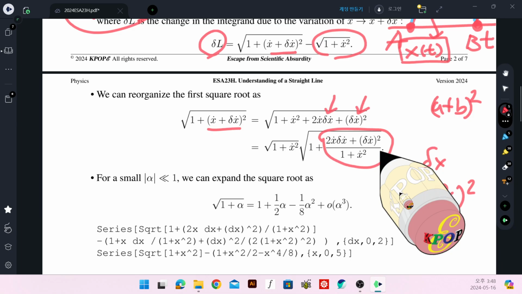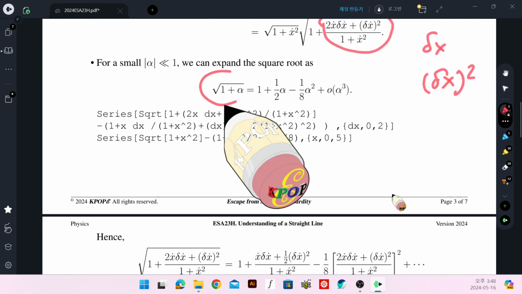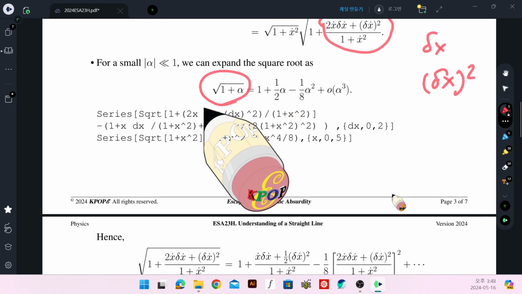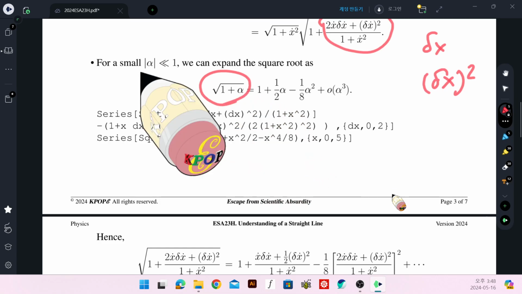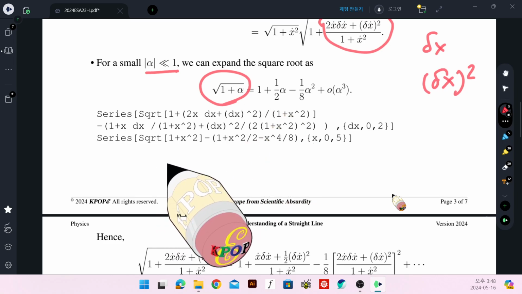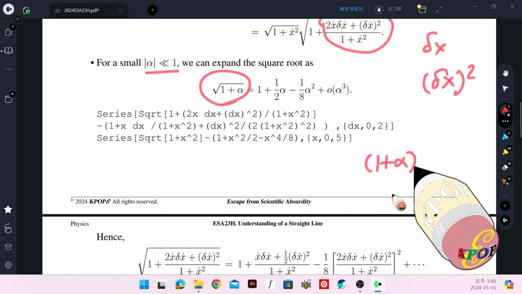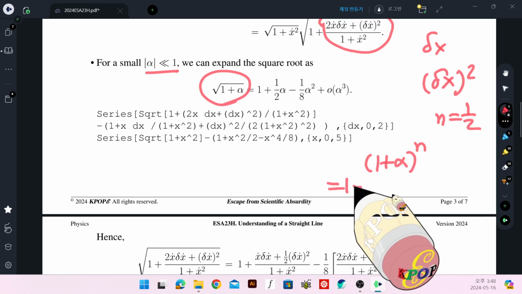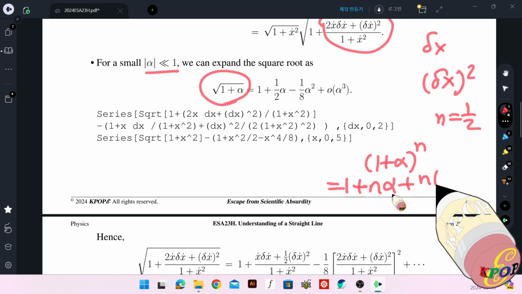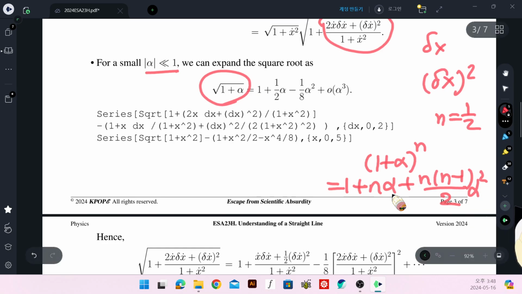And this is the right time to apply what we learned before. Newton's generalized binomial theorem can be applied to find the expansion with respect to alpha that is tiny. So we have (1 plus alpha) to the n, and n equals 1/2. So this is 1 plus n alpha plus n(n minus 1)/2 alpha squared, and so on.